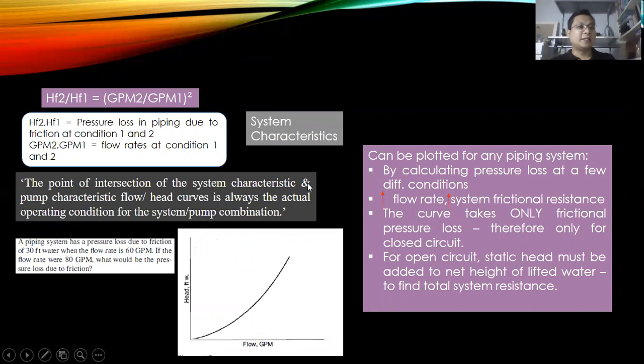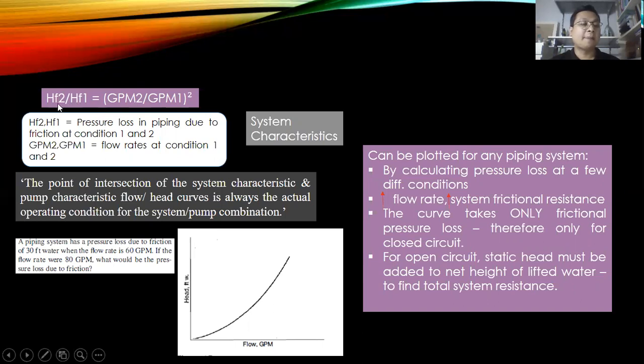System characteristic. We can satisfy the system characteristic by using this formula: HF2 divided by HF1 equals gallons per minute 2 over gallons per minute 1. This is actually the relationship between the pressure loss and the water supply to the pump.